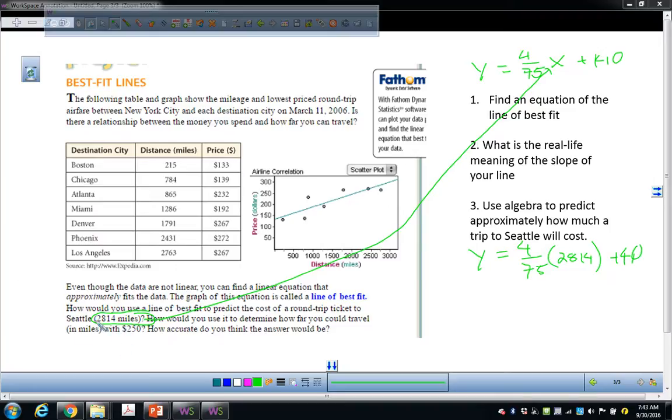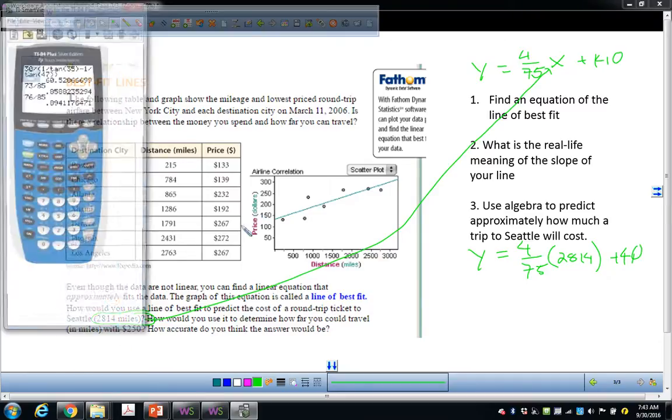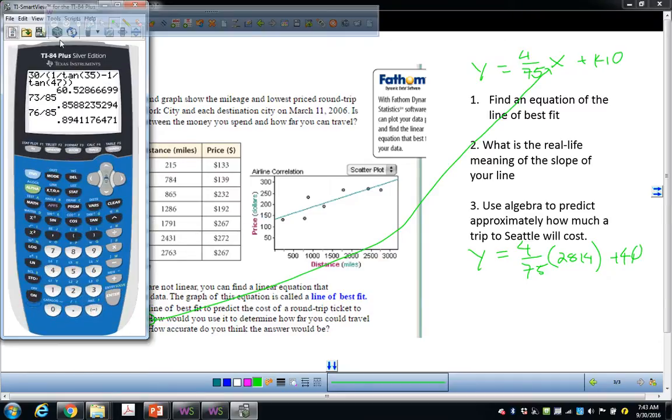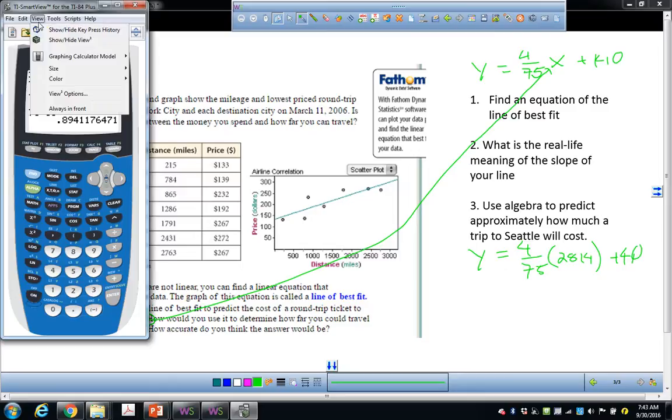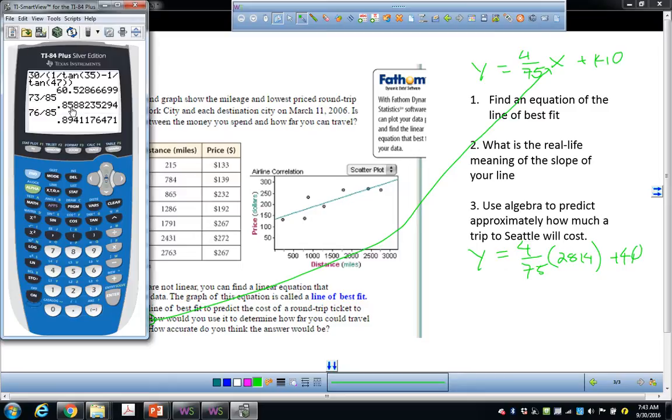Did I ever show you my online graphing calculator? Yes? Oh, I did. Well, maybe the other. Okay, so then view, and I move this over. So I have to change this view. Always in front.